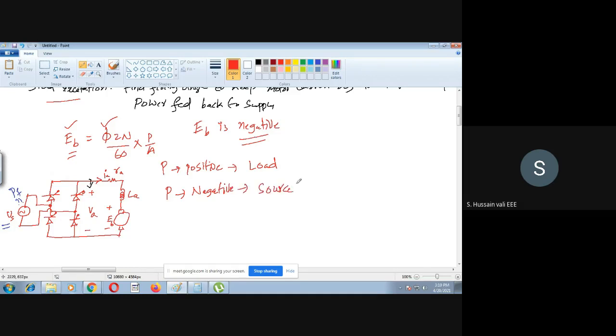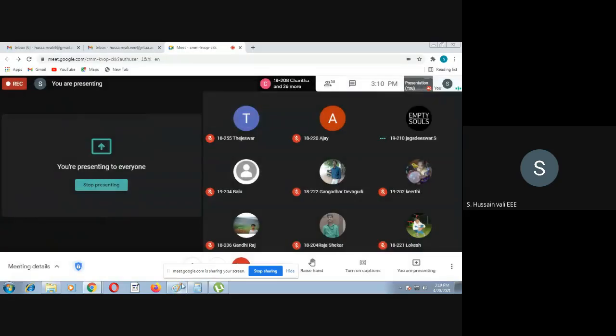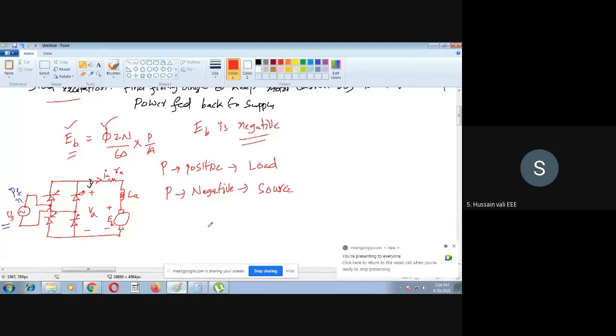So in any element, if the power is positive, you can call it a load which takes power; if the power is negative, you can consider that element as a source. That is the meaning of this.